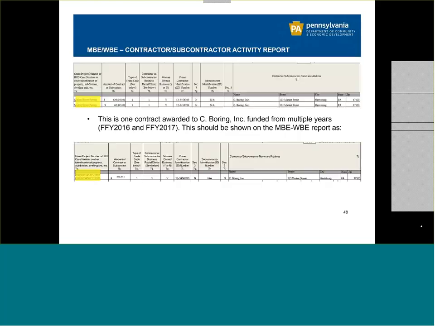And going into our next example, this is one activity being funded out of 2 contracts. That top example is what we don't want to see, and what you want to include on your MPE-WBE report is 2 DCED blueback contracts on one line for one contractor or subcontractor.